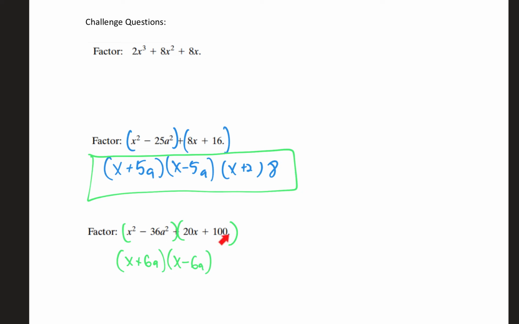And then from the second binomial, I can take out a greatest common factor of 20. And I'd be left with x plus, and then 100 divided by 20 is 5. So that is how I factor by grouping.